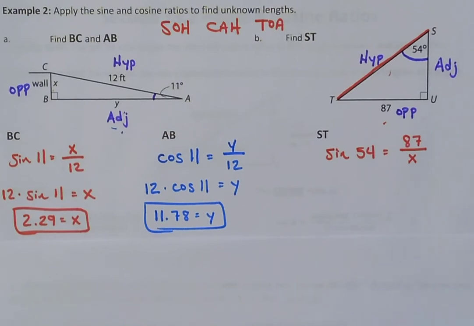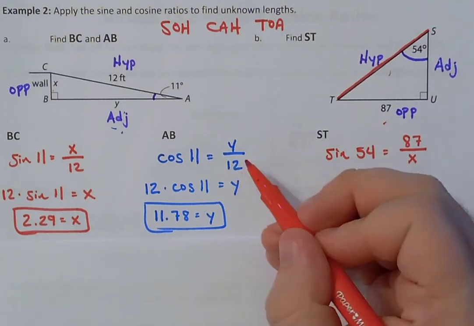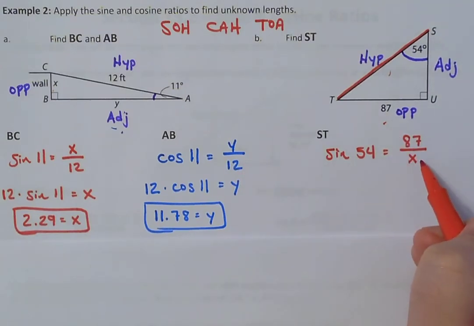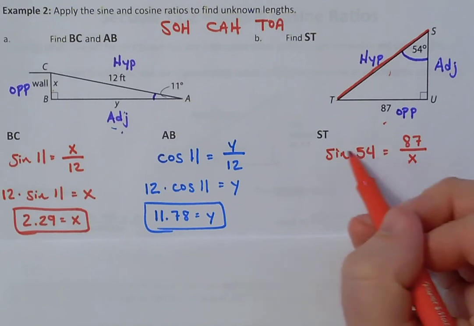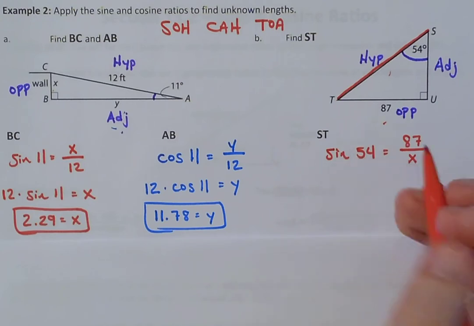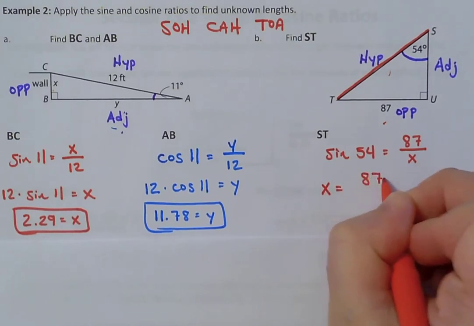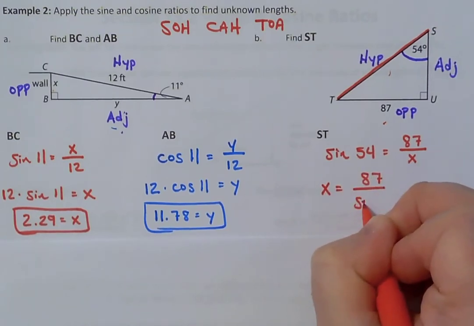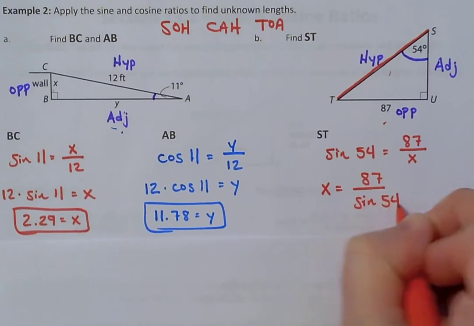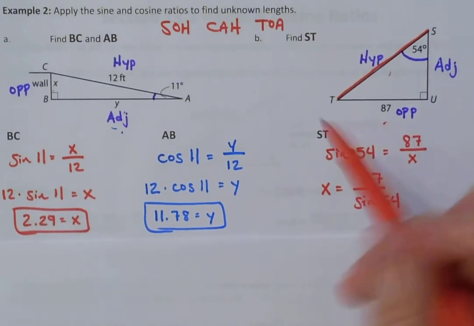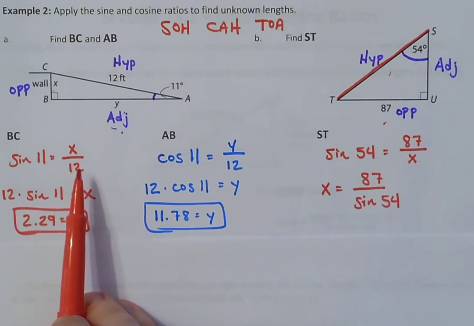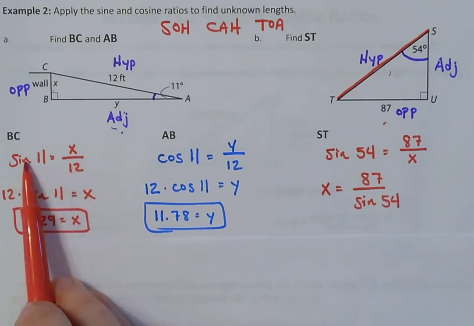Like I talked about in the 13.1 notes, when x or y is on the bottom, we're going to flip the place of x and sine 54 to give us x equals 87 over sine 54. If x is on top, like we saw with example A, all you have to do is multiply that bottom number in front.